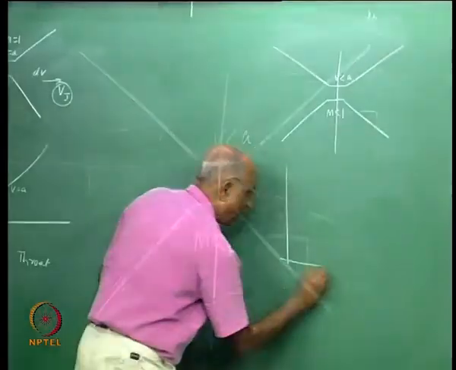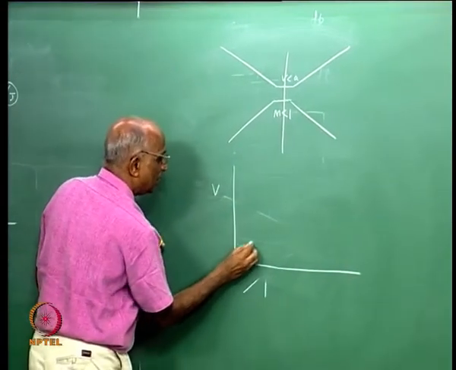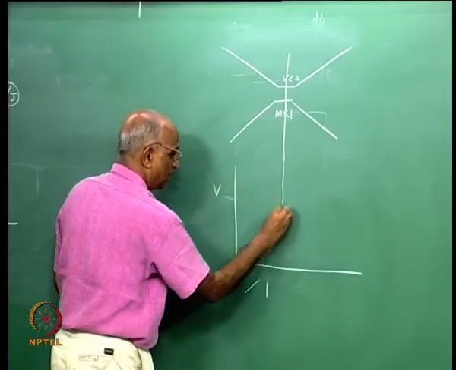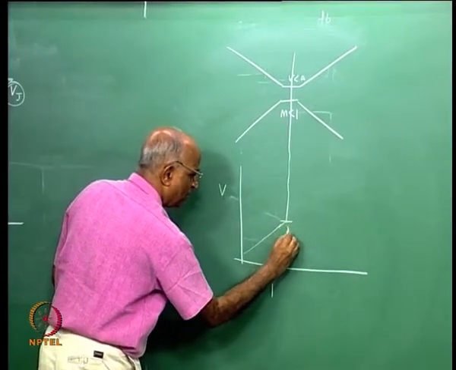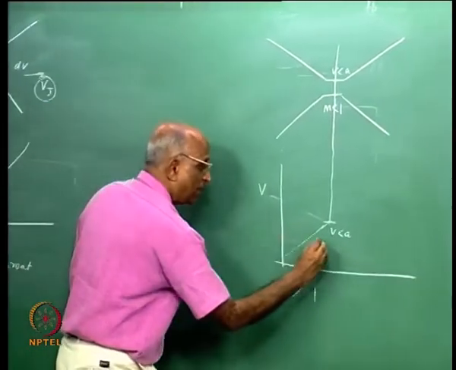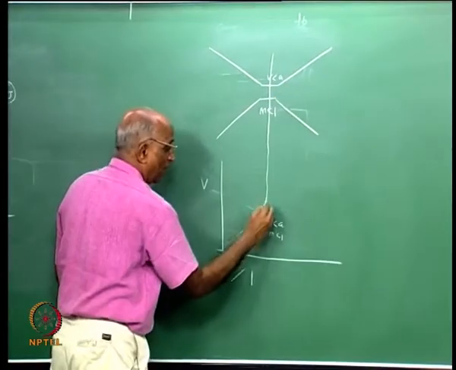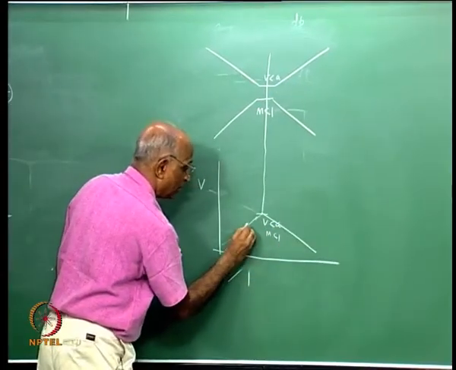Well, I now plot velocity as a function of distance. The velocity keeps increasing up to the throat, but I find that V is still less than the sound speed there, the Mach number is less than 1, and therefore in the divergent the velocity drops further.